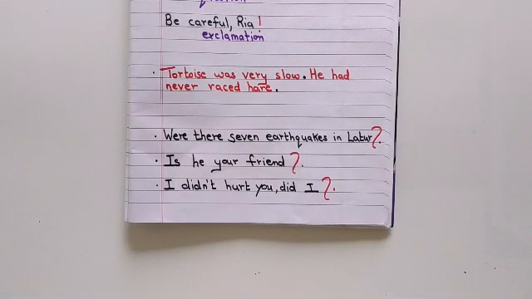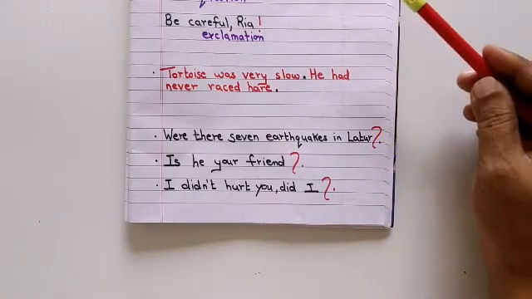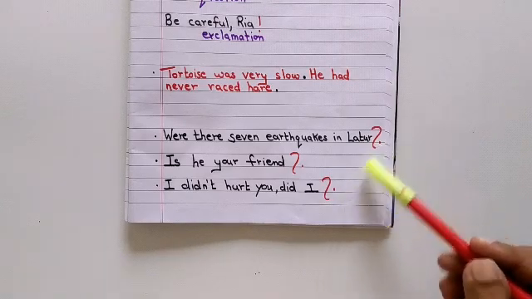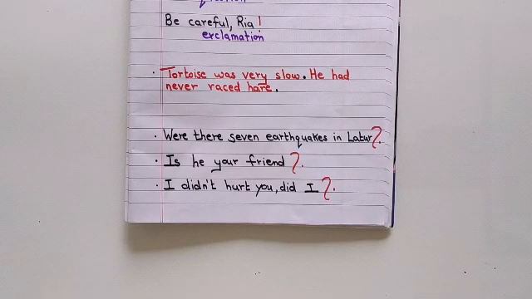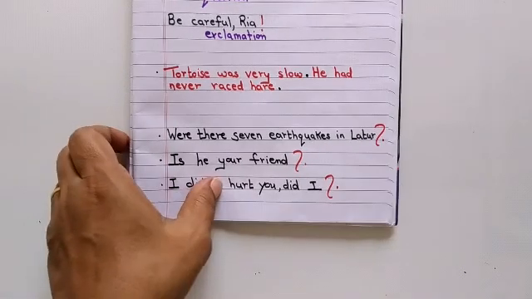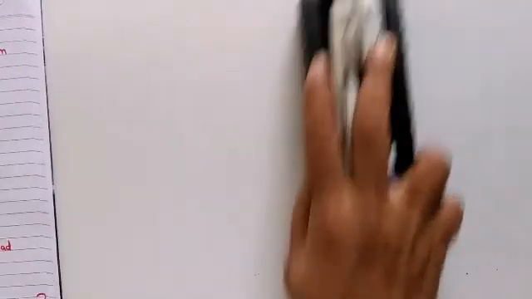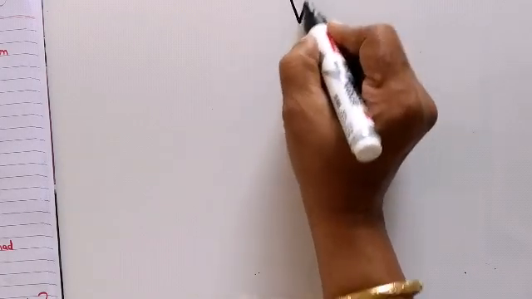So children, when we do punctuation, full stop is simple, but when it comes to exclamation and question mark, you need to read the sentence very carefully and understand that sentence. Now last time we had done, when you say a question sentence, WH words. What are the WH words, children?